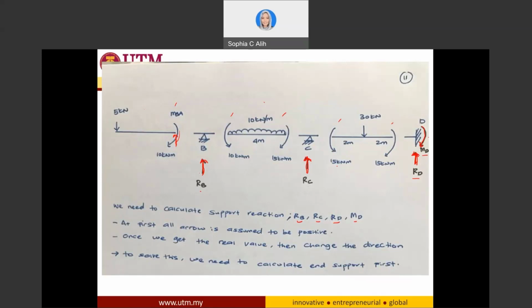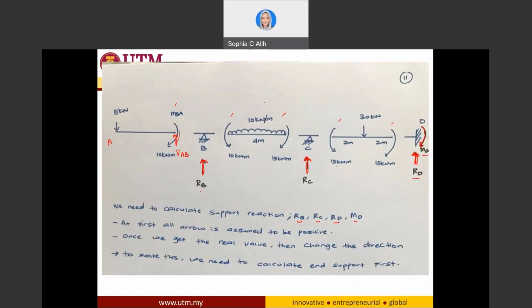So similarly, for example, this is A, if I have a reaction pointing downward over here, then I need to have another support reaction, the reaction on the other end of my member. So I put it to be VAB. Okay, VAB over here. So I can calculate how much this one is.